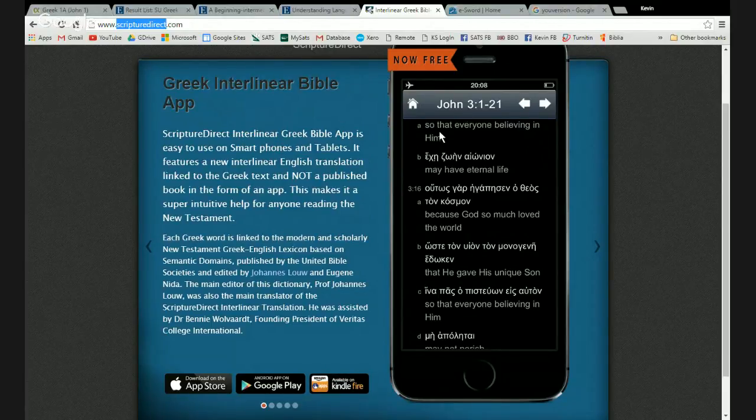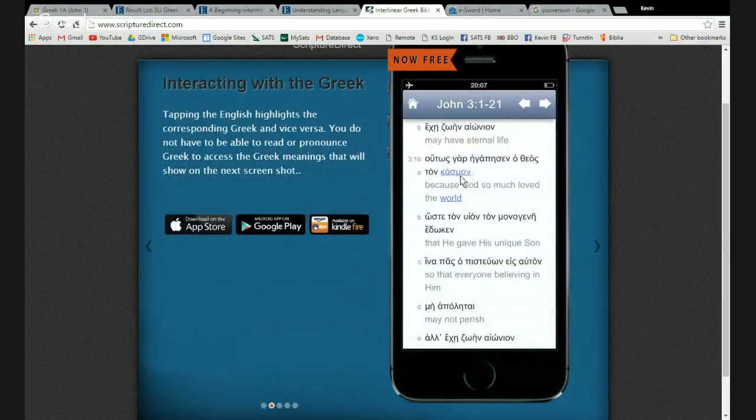So essentially what you get is a line of Greek and a line of English, which is the interlinear. I'll show you a few more screenshots. So if I wanted to check, he's illustrated the word cosmos. Kosmon is world. So if you tap on either the English or the Greek, it'll highlight the corresponding word in the other language.